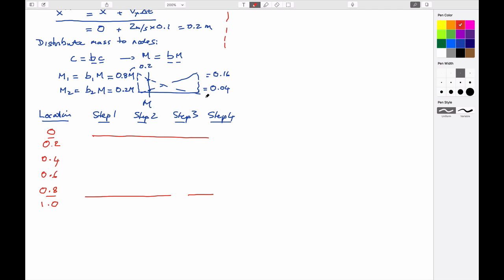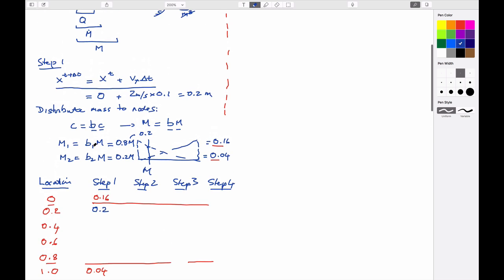And what we've done is we've calculated what these initial distributed amounts are. At node 1, I guess it's 0.16. And at node 2, it's 0.04. It's due to the fact that at this point here, we have a mass of 0.2.